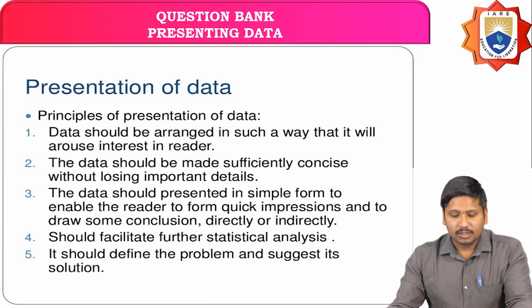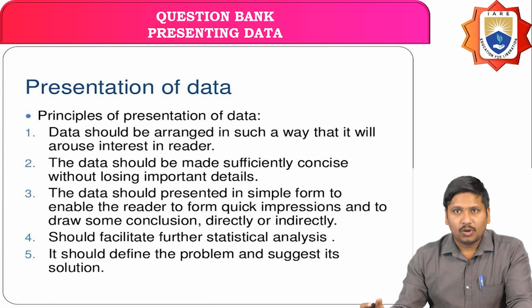The first one is that the data should be arranged in such a way that it will arouse interest in the reader. Whatever data we are presenting or arranging, what is going to be focused on by the audience should be very clear.